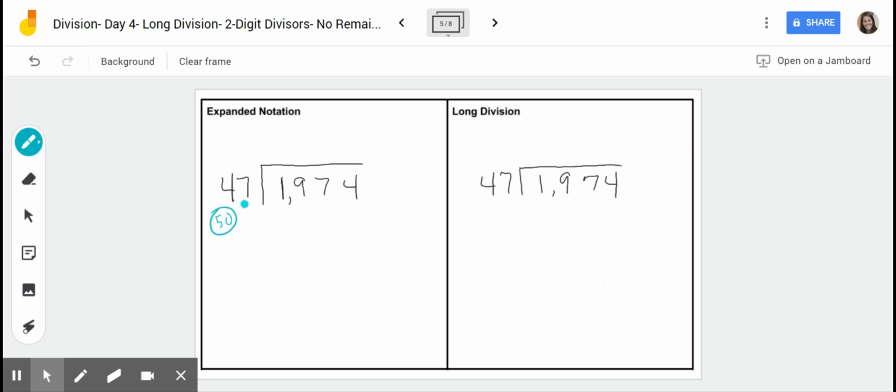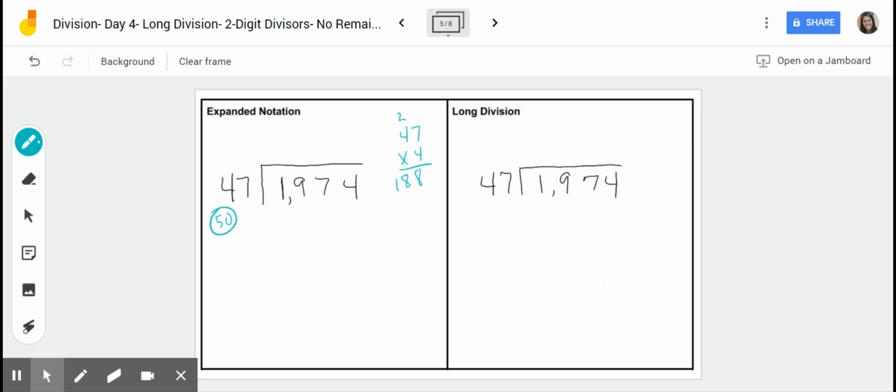So 4 might work, so we want to check 4 and see if that's a possibility. So I'm going to see what 47 times 4 is. I know that 4 times 7 is 28, and 4 times 4 is 16 plus 2 more is 18. 188 is less than 197.